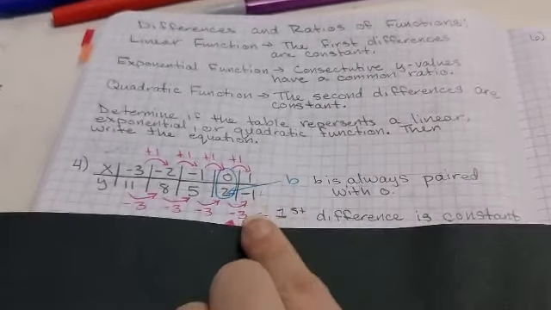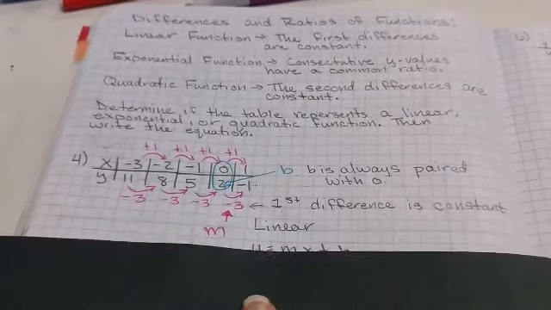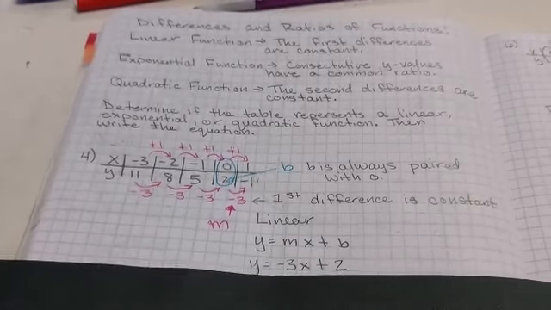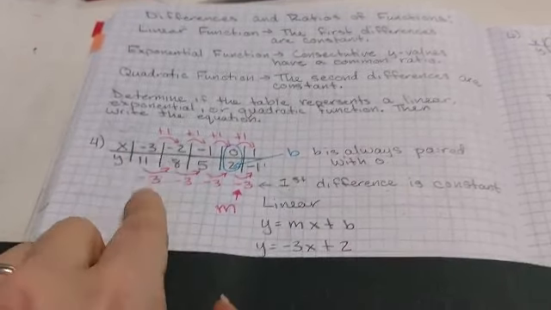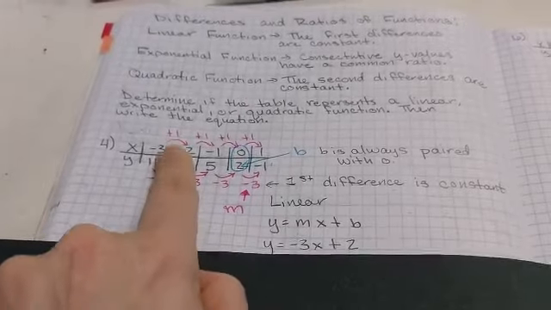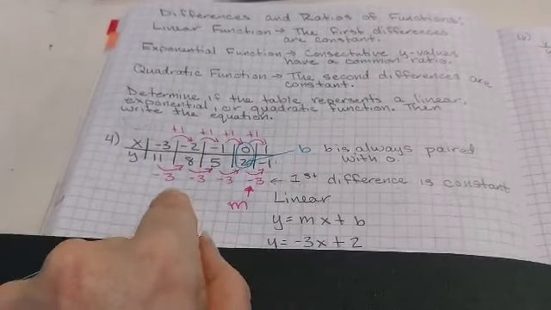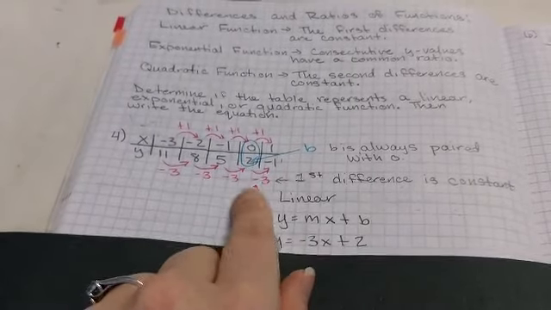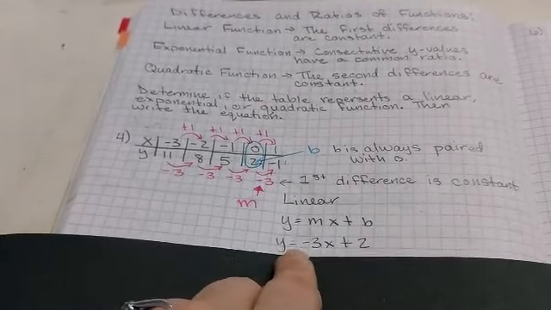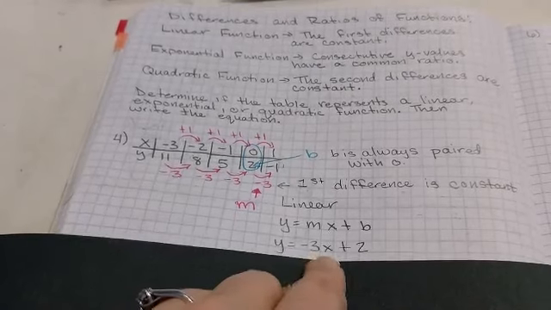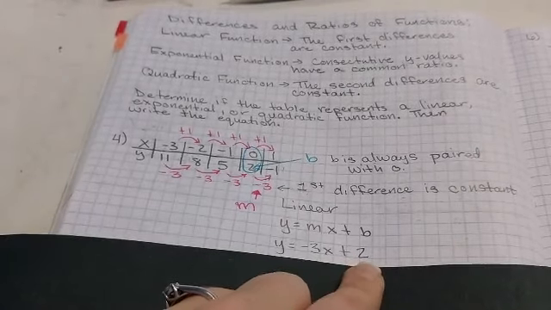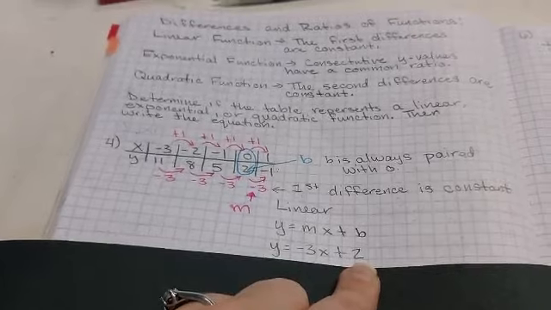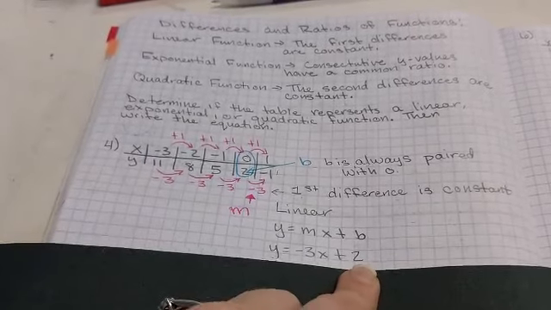For my slope, I do my difference. It's really going to be -3 over 1, but -3 over 1 is just -3. So this is my m, my change in y. So I have y equals -3x plus 2. And there is my linear table.